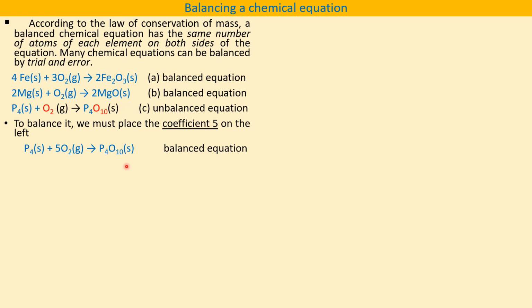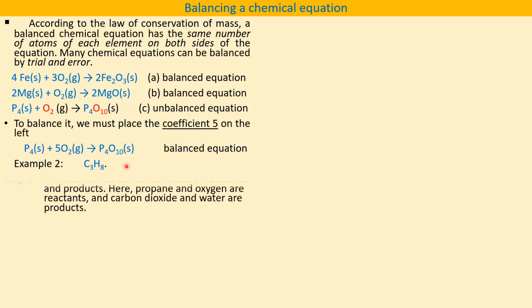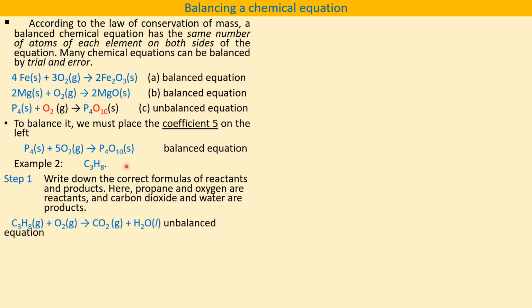Now we will take another example, the combustion of propane. The formula for propane is C3H8. This equation can be balanced. So we'll write down the correct formulas in the reaction.